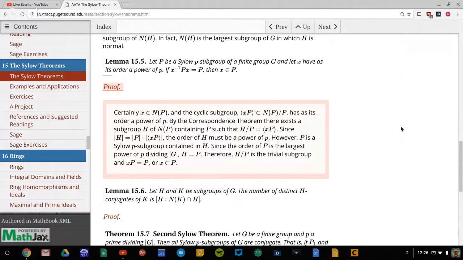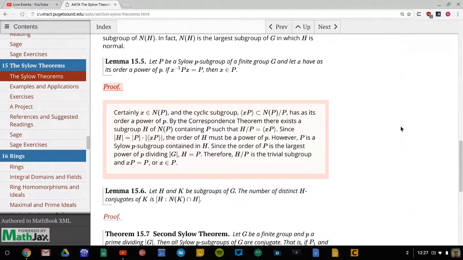So what we're looking at there is a cyclic subgroup generated by the coset XP. By the correspondence theorem, which describes the things that go on in a group versus the things that go on in a factor group of that group, any subgroup you see in the factor group is the image under the factor group homomorphism of a subgroup in the original group.